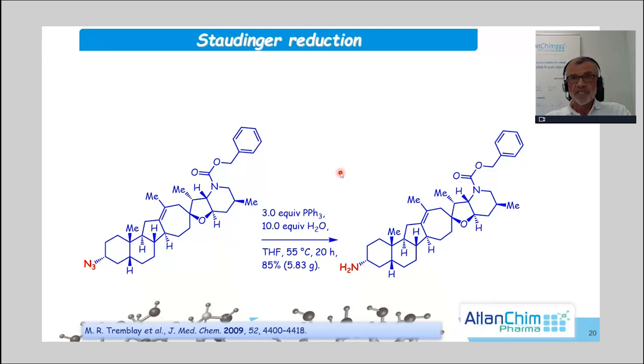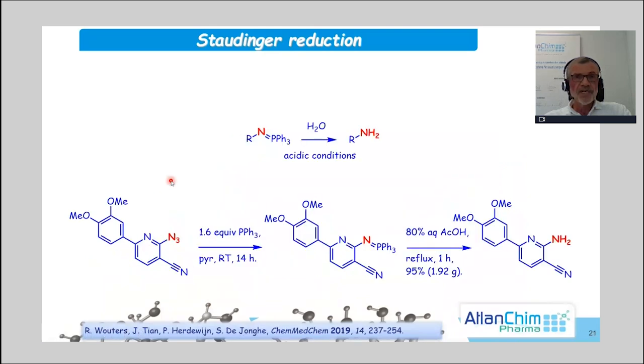It should be pointed out that due to the presence of this tetra-substituted double bond and this CBZ protecting group on this nitrogen atom, reduction of the azide here by hydrogenation was, of course, not possible.